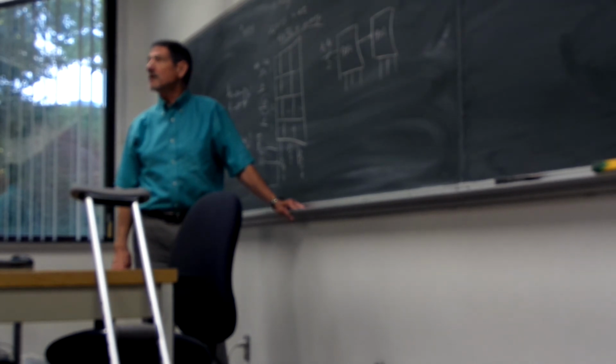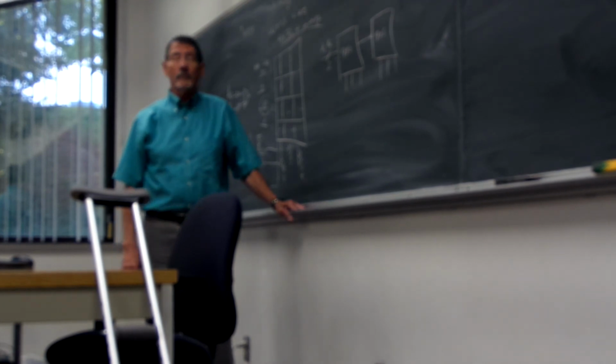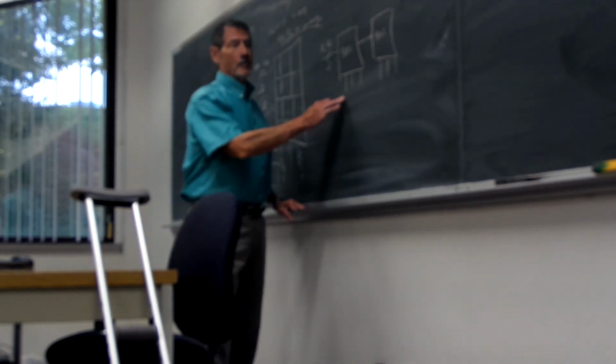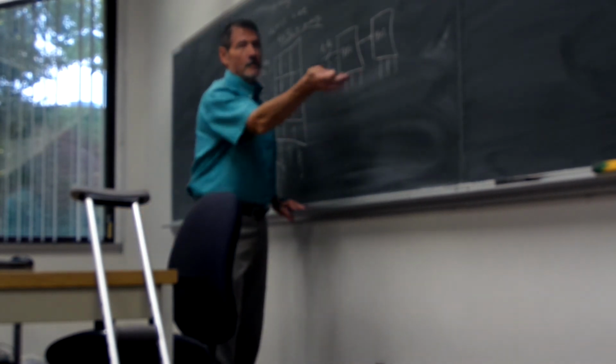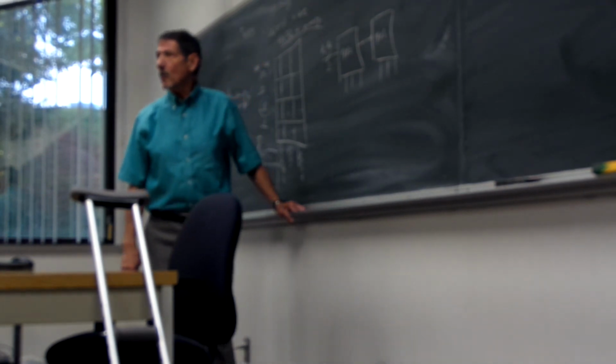Which one is the most significant bit of the data word? Well, that's kind of up to you, right? You could say that this is going to be the most significant bit, or you could say that one. It's up to you how you wire those things up.